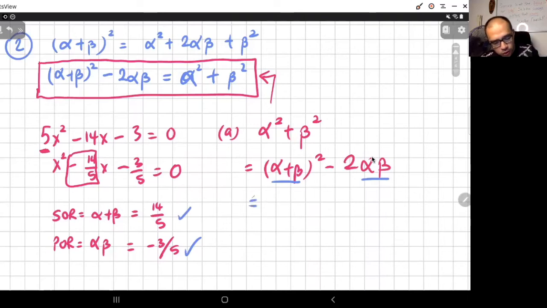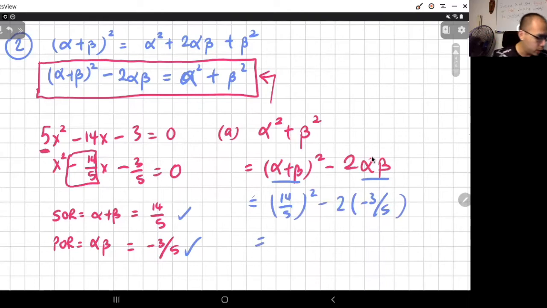So this will give you 14 over 5 squared minus 2 times negative 3 over 5. You will get 14 squared, 196 over 25, plus 6 over 5. Yeah, 226 over 25. So you will get this answer.